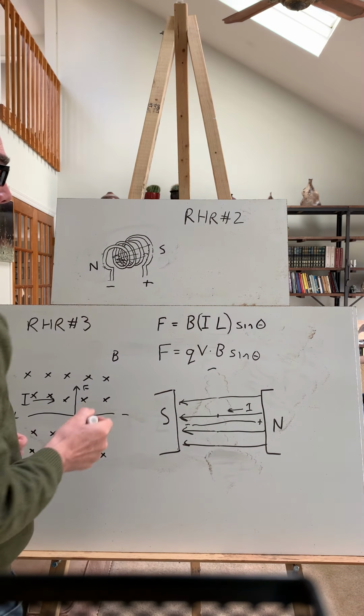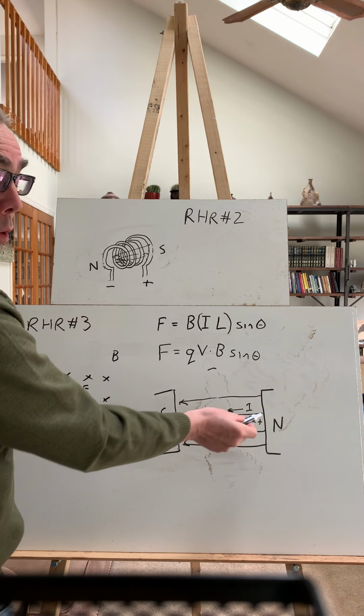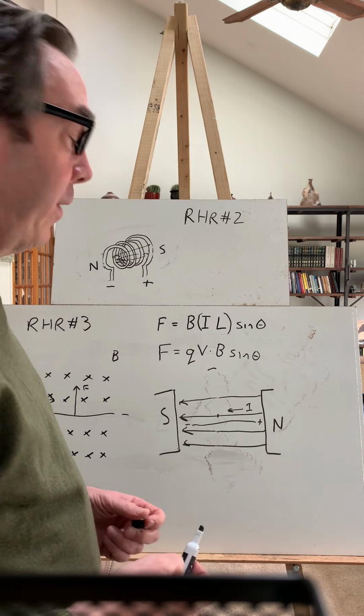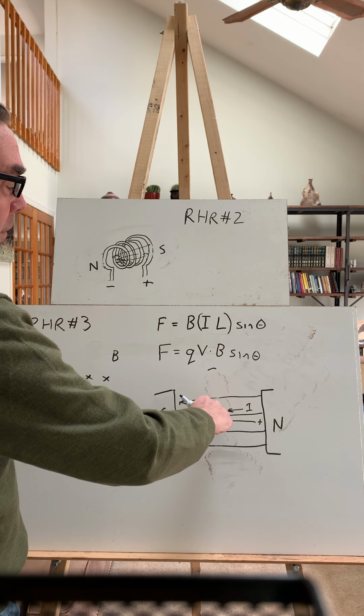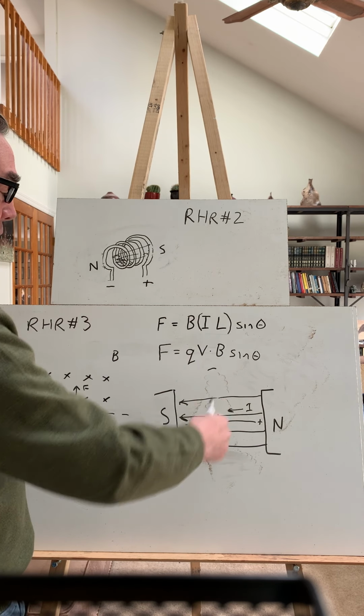Because theta is 0 and the sine of theta is 0, the force exerted on that would be 0 if it's parallel to the field. So that's the minimum, and then as you rotate, get more and more of an angle with the field, you get more and more force till a maximum at 90.